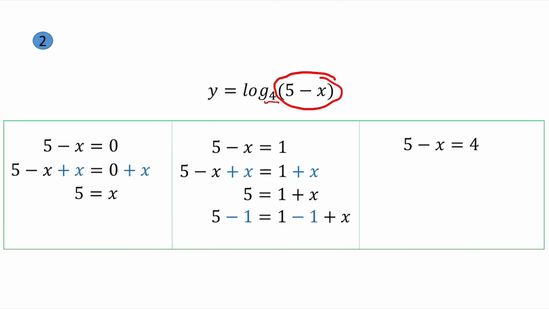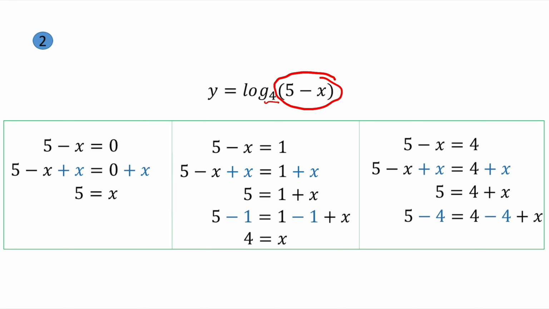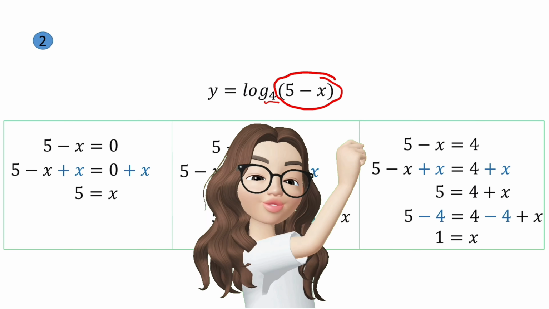APE, add negative 1 to both sides, and we will have 4 is equal to x, similar to x is equal to 4. And lastly, we have 5 minus x is equal to 4. Apply APE by adding positive x to both sides. We will have 5 is equal to 4 plus x. Apply APE again by adding negative 4 to both sides. So it will give us a value of 1 in our x, similar to x is equal to 1 through symmetric property.